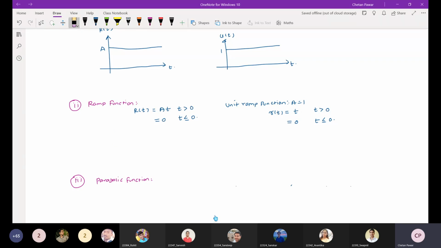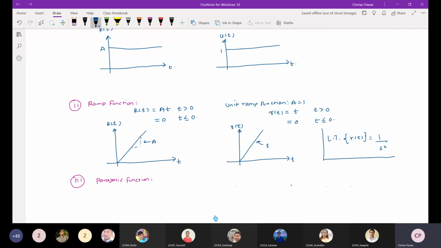So I will just draw it. When the slope is 1, the Laplace transform of it will be 1 by s square.